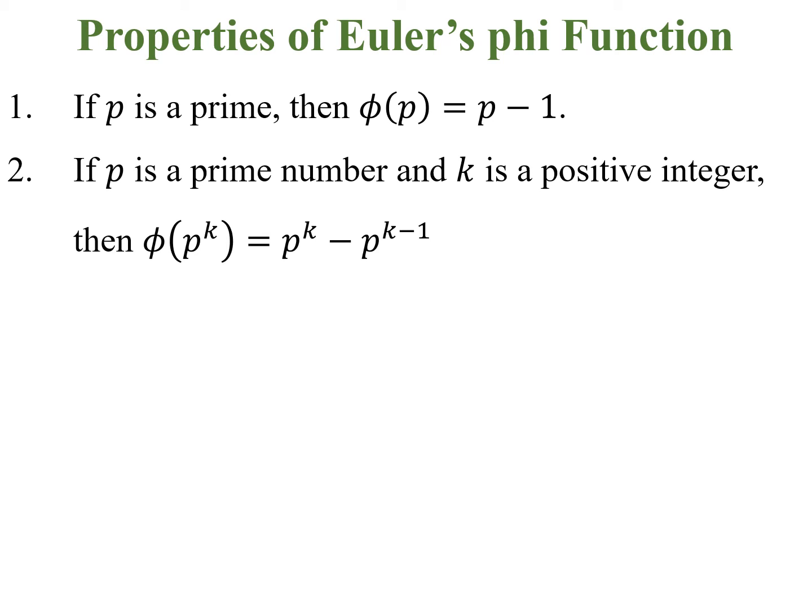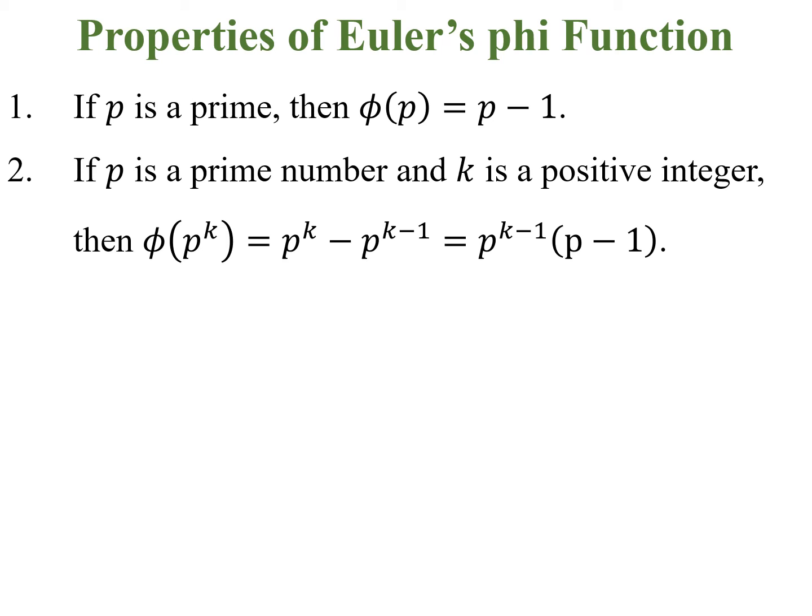By using this formula, you can find the Euler's phi function of any positive power of any prime number. This can also be written as P raised to K minus 1 times P minus 1, when you take P raised to K minus 1 common from these two terms.